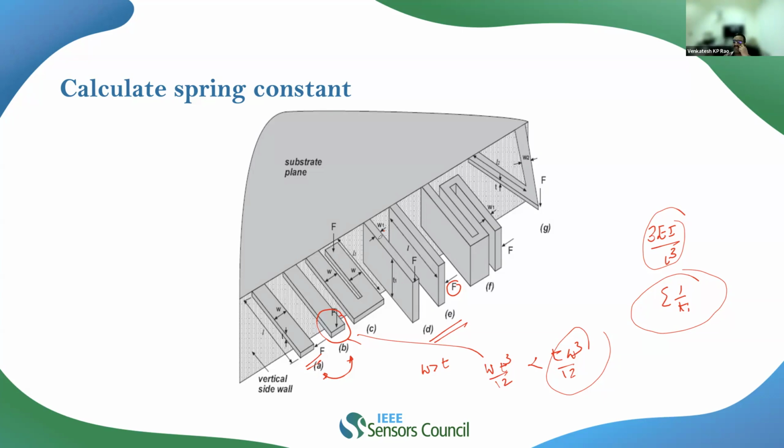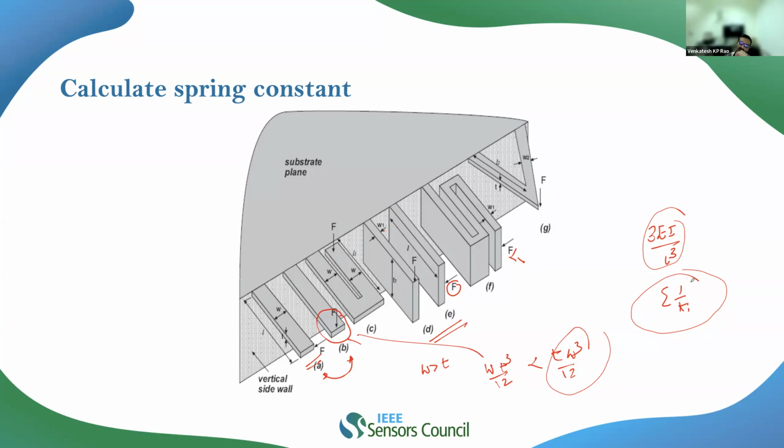That's why, if at all we want to reduce the stiffness, we go forward for the meandering structures. This is similar to what I told you about this case. In this case, we had a load from the top. In this case, we are having a load from the side.